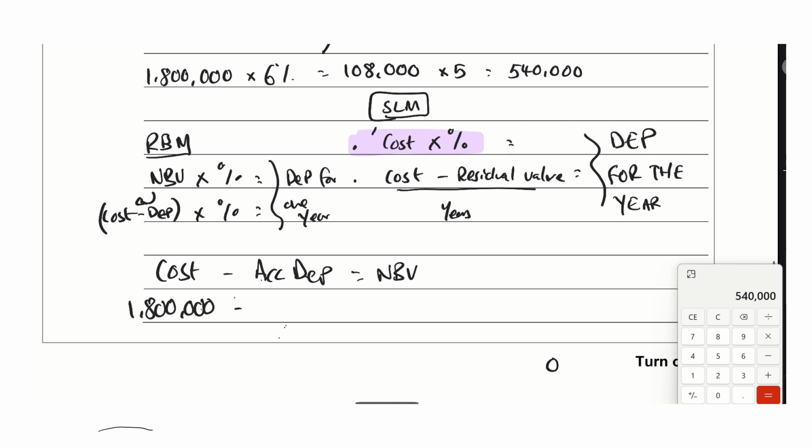The total depreciation for 5 years is 540,000 at the rate of 108,000 per year. So therefore, our net book value, pop it in the calculator, is going to be £1,260,000. So that is now the old net book value calculated.